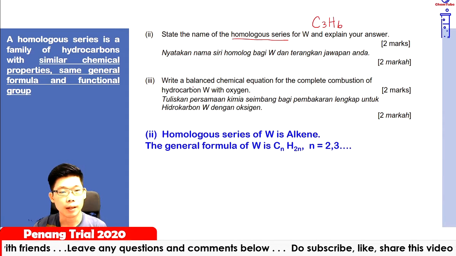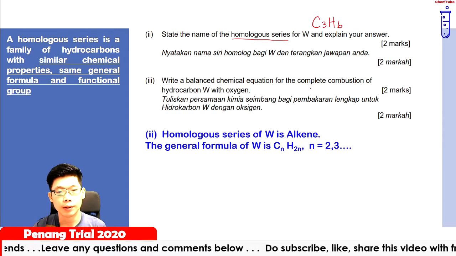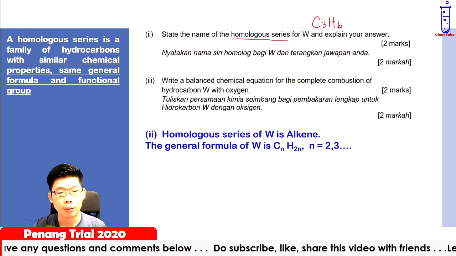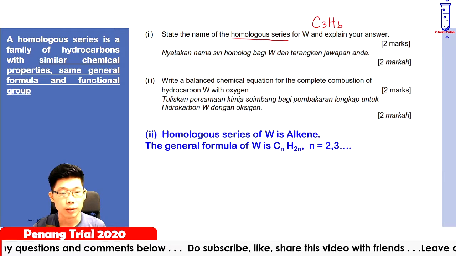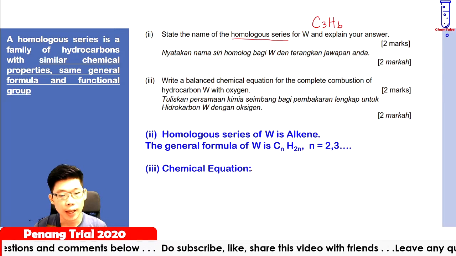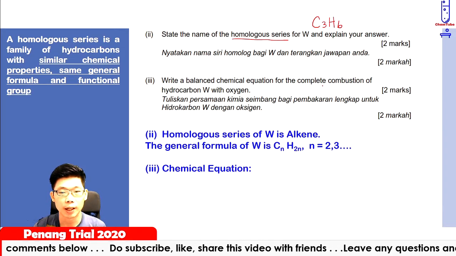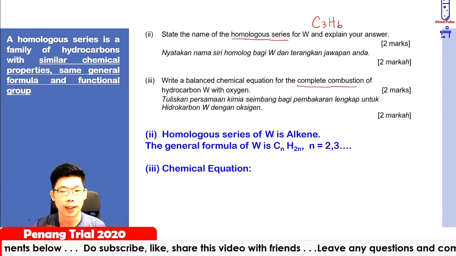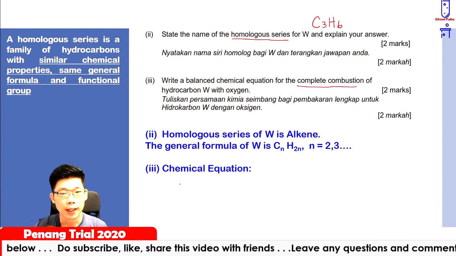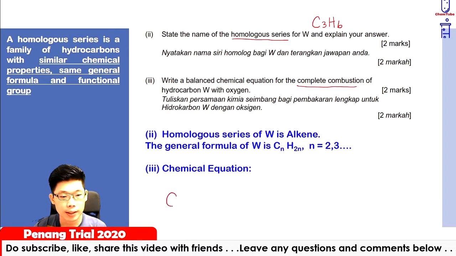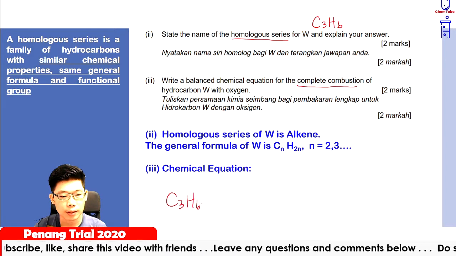Number 3, write a balanced chemical equation for the complete combustion of the hydrocarbon W with oxygen. So the chemical equation for the complete combustion: our hydrocarbon W is C3H6.